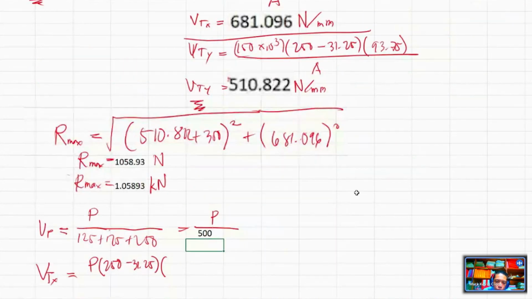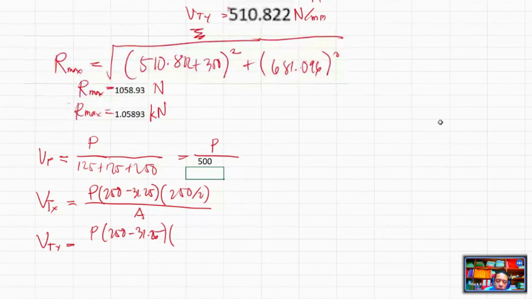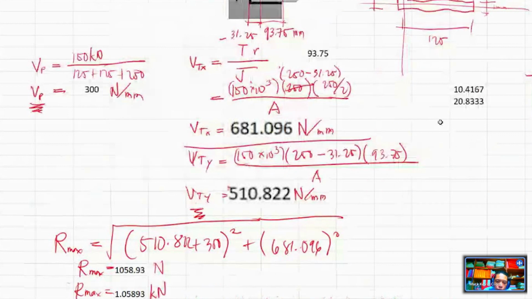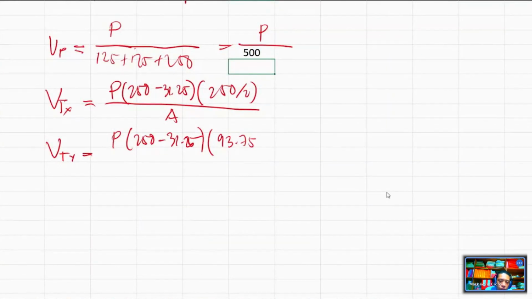Since VTX, the radius is 250 over 2, all over J. Nakastore ha akong calculator. Ang VTY naman, same, ang mag-iba lang iya distance. Kaya iya distance for VTY is 93.75 all over A.